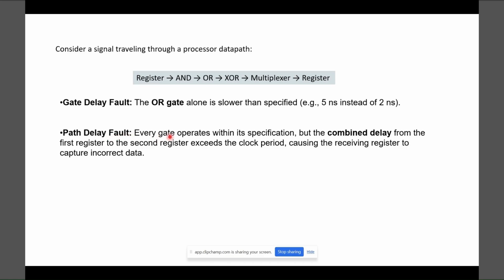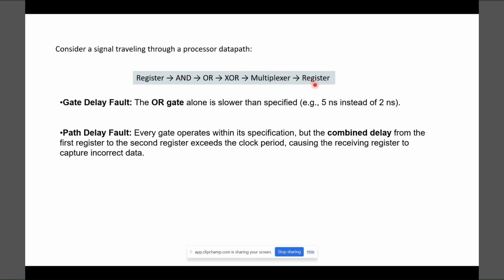In a path delay fault, every gate operates within the specification. Each and every block that is available operates within the specification. But the combined delay from the first register to the second register may exceed the clock period, because the whole unit or digital circuit is controlled by the clock.